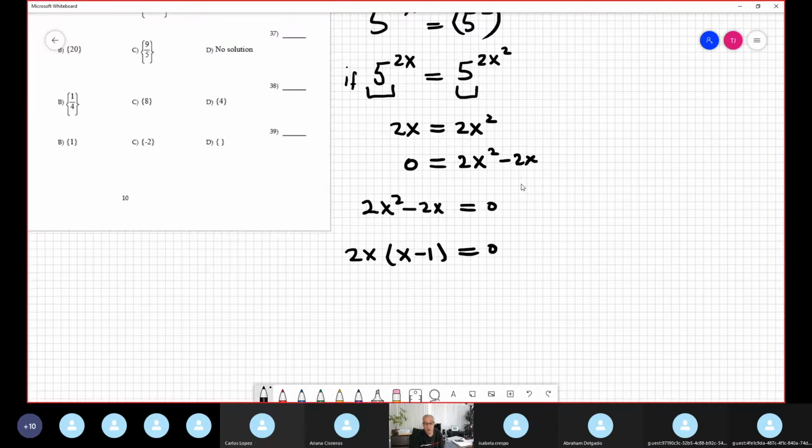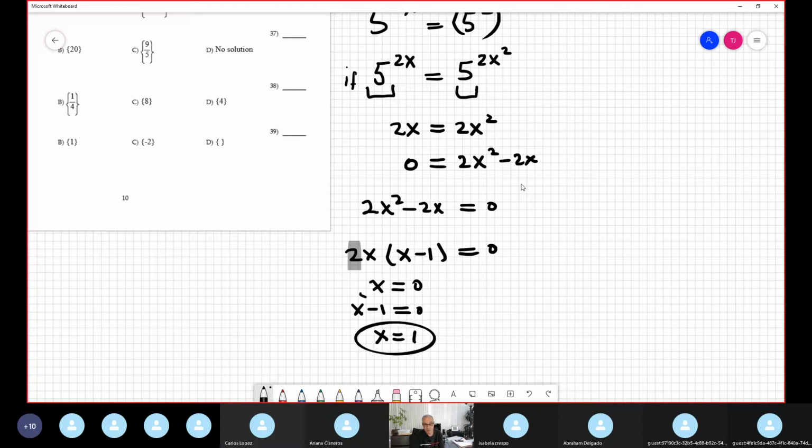And the 2 obviously does not participate in the game, because 2 is a factor that is not 0. If you want to eliminate it, you divide by 2 both sides. Then 2 divided by 2 is 1, and 0 divided by 2 is 0. Using the zero factor property, the only potential factors that can be 0 are x, and x minus 1 equals 0, which is obvious.